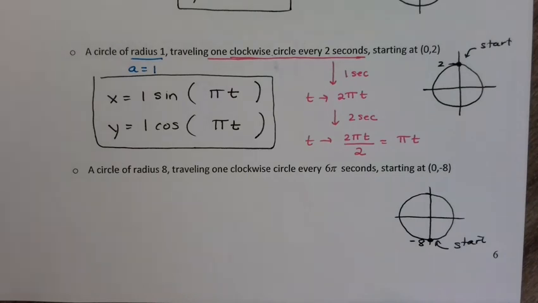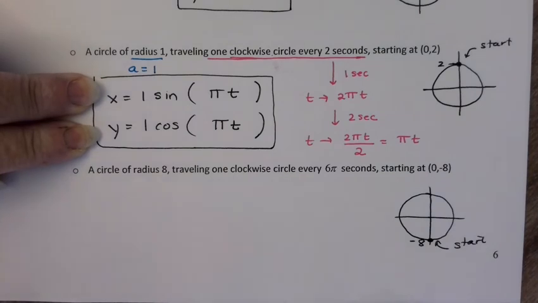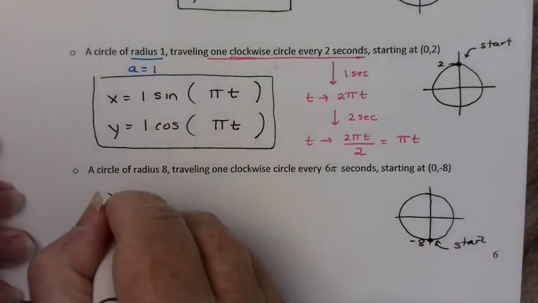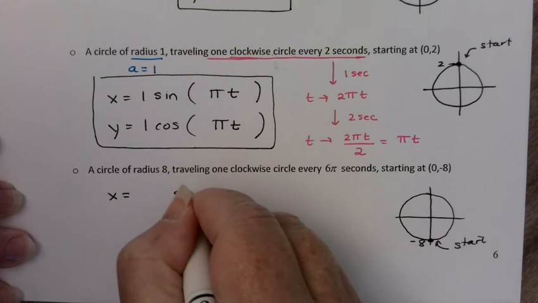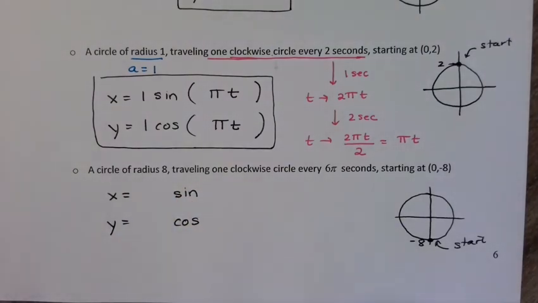We're starting on the y-axis again. We are starting on the negative y-axis rather than the positive. But since it's the y-axis, I think we're best off using this. So I'm going to start with x equals sine and y equals cosine. That allows me to start on the y-axis.